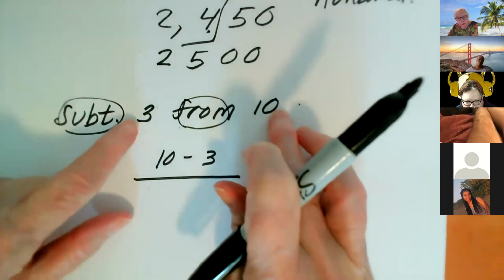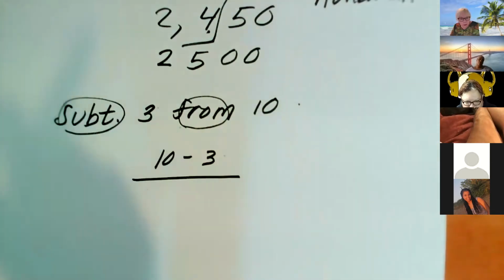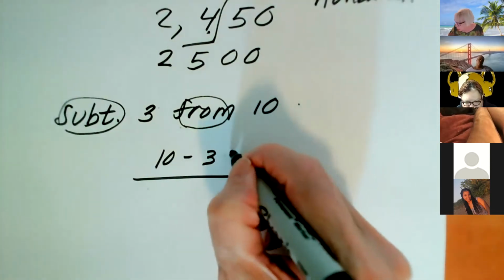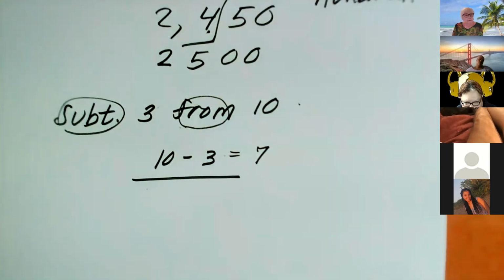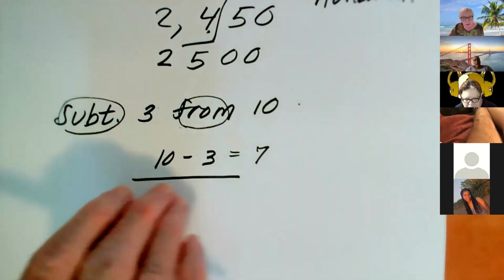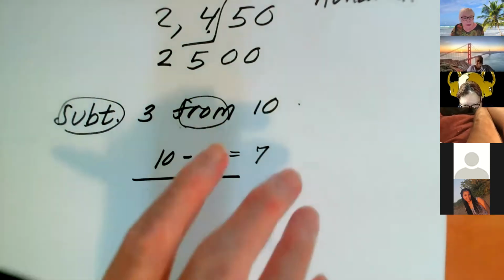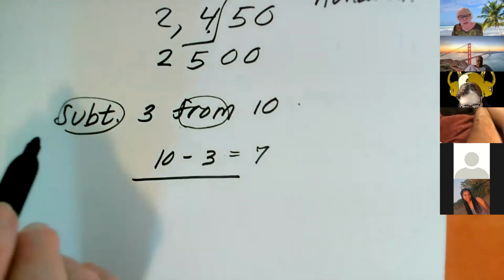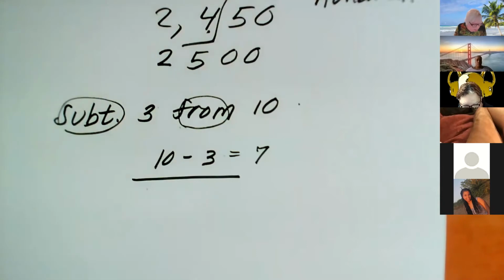So the order is reversed. It's 10 minus 3. So you would get 7. So I just wanted to bring that up. Most of the time, when you have the two numbers, the first number is first and the second number is second. But subtracting from, you're taking 3 away from 10. That's what we need. And just pipe up if you don't like it.